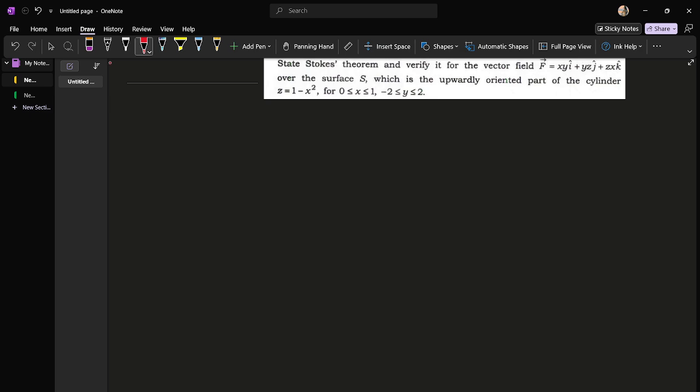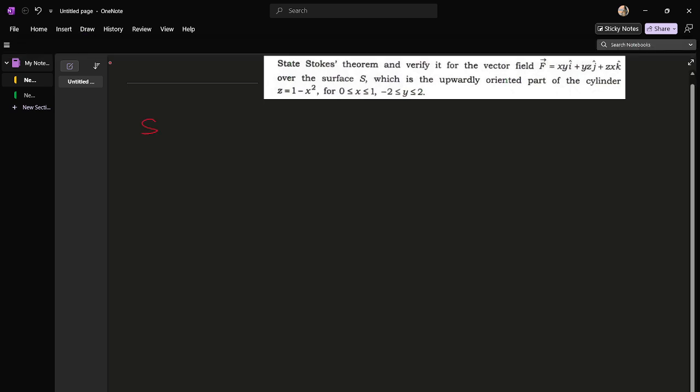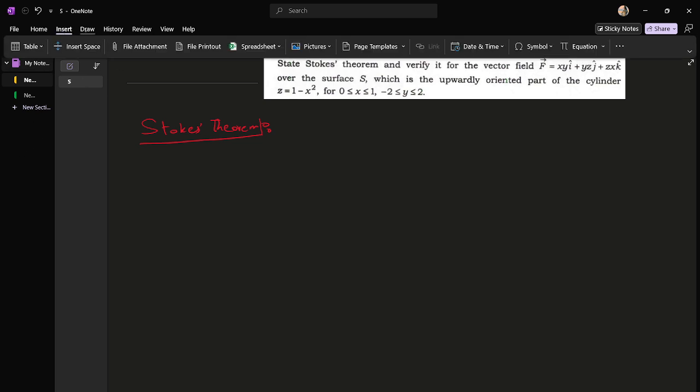So firstly, our Stokes theorem says it relates the surface integral of the curl of a vector field over a surface S to the line integral of the vector field along the boundary curve del S. So mathematically it is this.